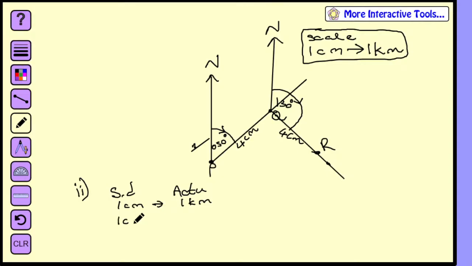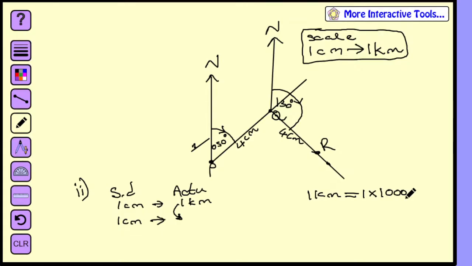So 1 centimeter is representing, what is 1 kilometer in centimeters? First, convert 1 kilometer to meters. How do you do that? 1 kilometer is equal to how many meters? 1 times 1000, 1000, right? Because 1 kilometer has 1000 meters.